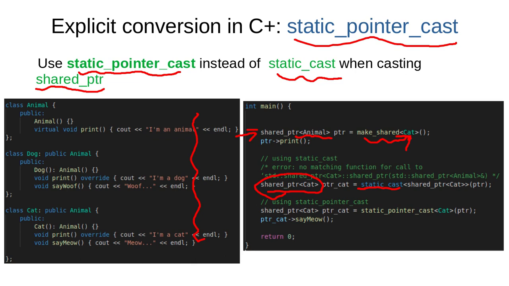It will give an error because shared pointer of cat itself is not a derived class from shared pointer of animal, while cat is a derived class from animal. So when you deal with shared pointers, instead of using static cast, use static pointer cast, and you just give it the type of the class, in this case cat, and you can access its methods safely.